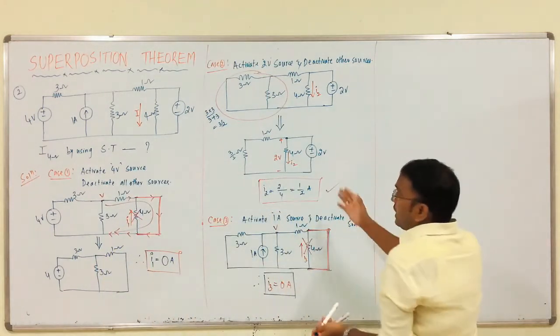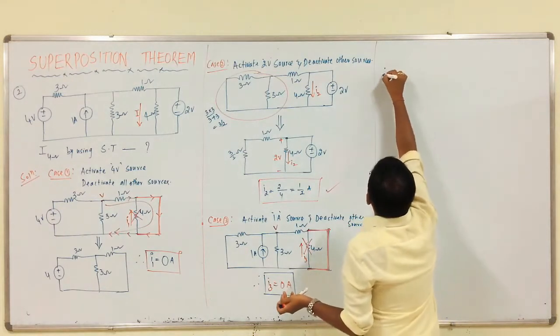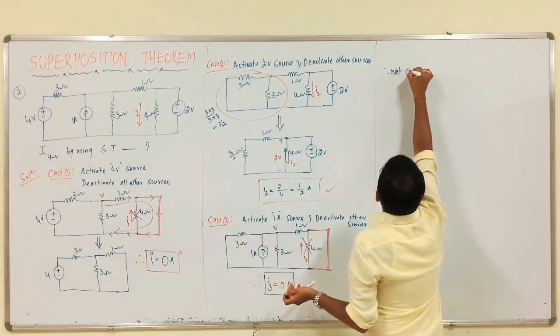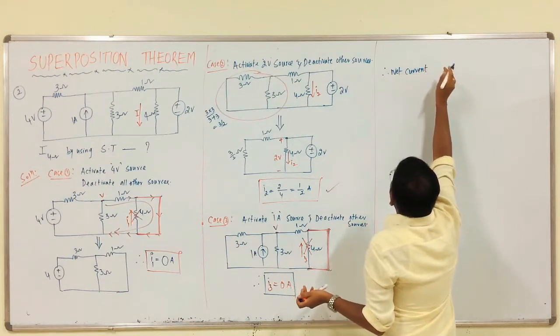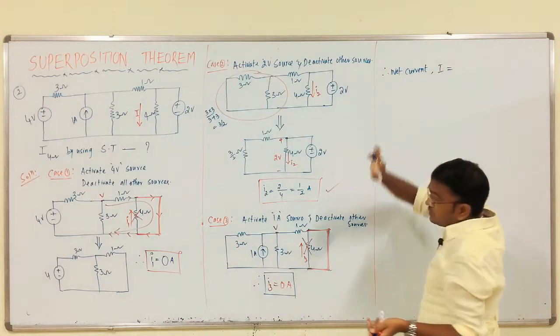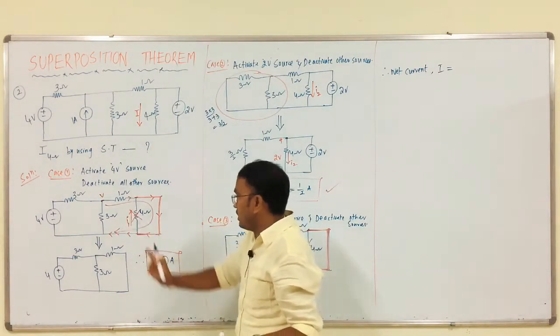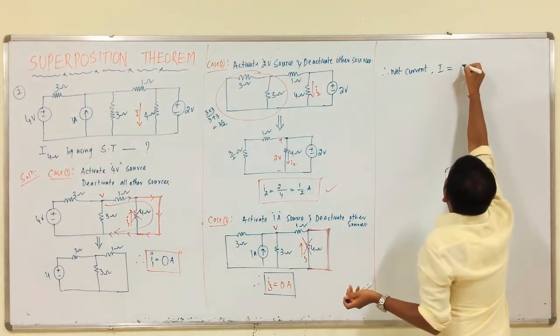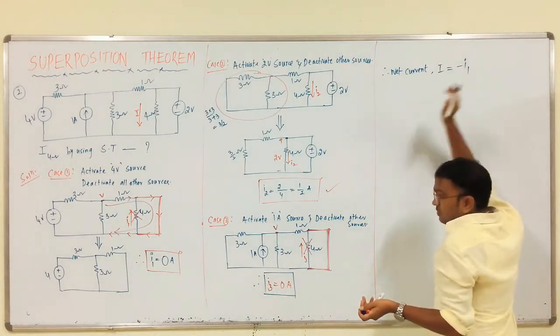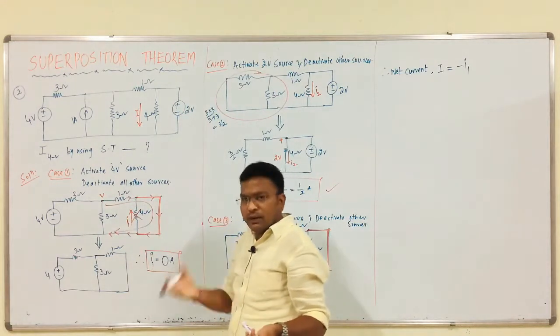So, the 3 cases are completed. Therefore, the net current I is equal to, see the current directions, I is given as downward direction, this is upward direction, that is minus I1, clear? It is upward, given direction is downward, that is why it should be taken as negative.